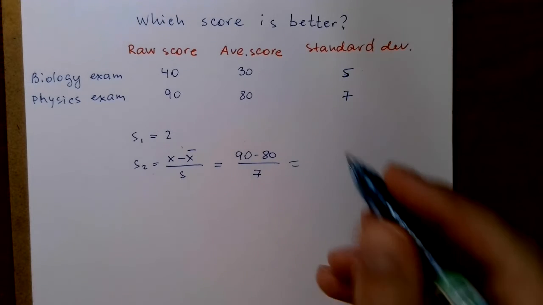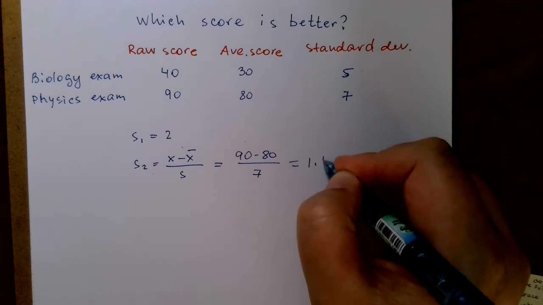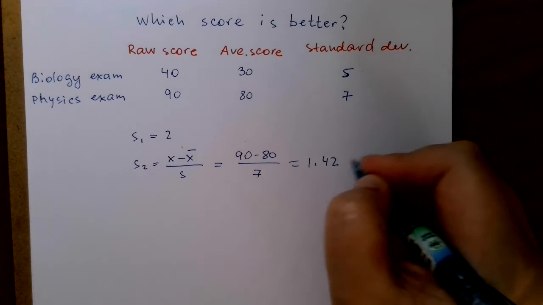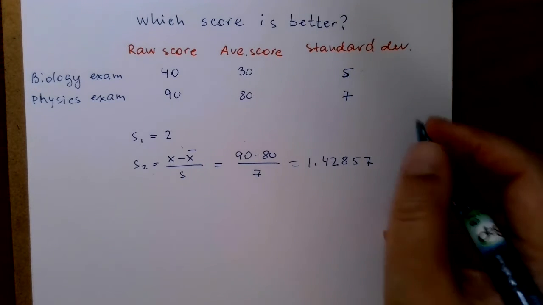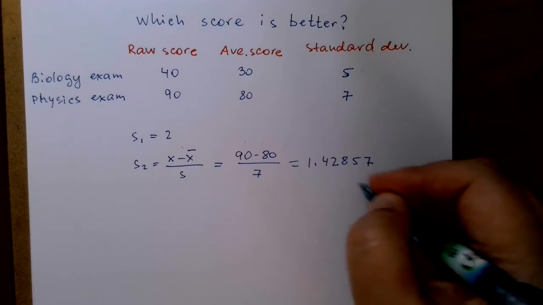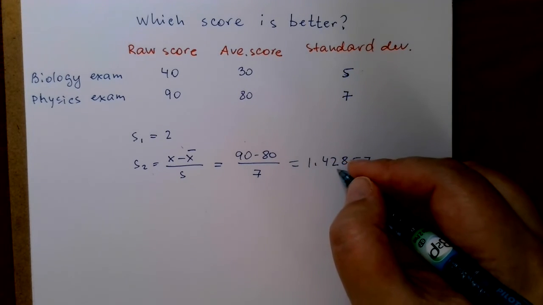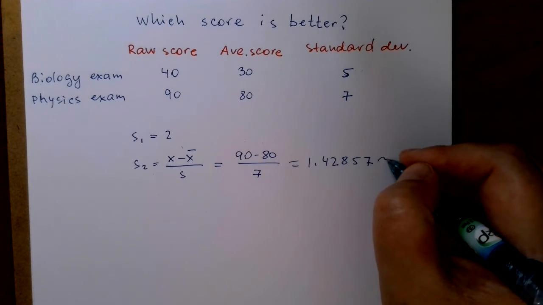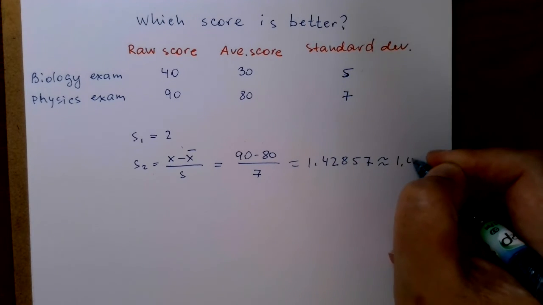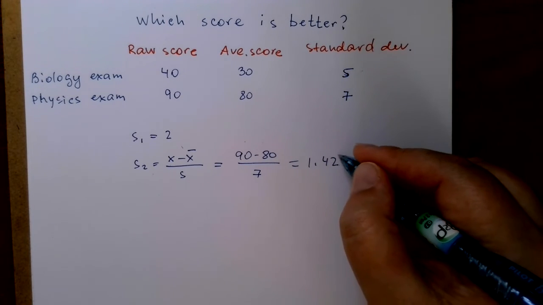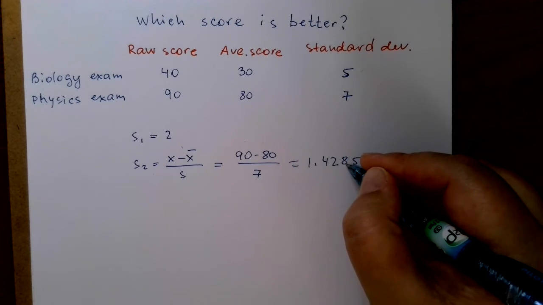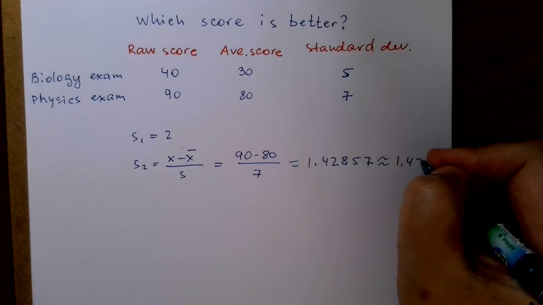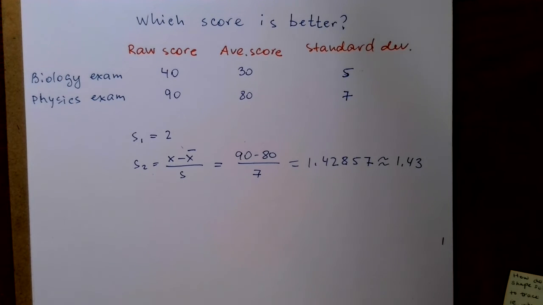And the value that I got was 1.42857, and some more decimals, but I'm going to round this value to 2 decimal places. So it's going to be 1.4, and then I'm going to round 2 up because the following digit is 8. So it's going to be 3, 1.43.